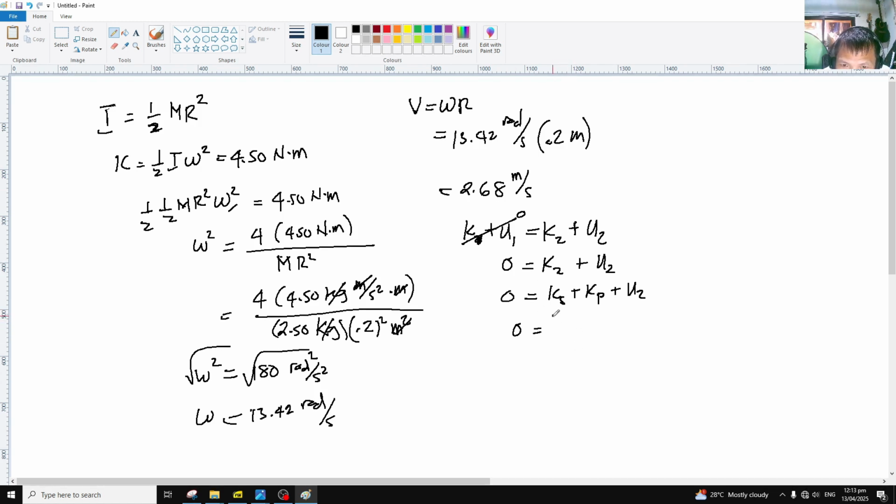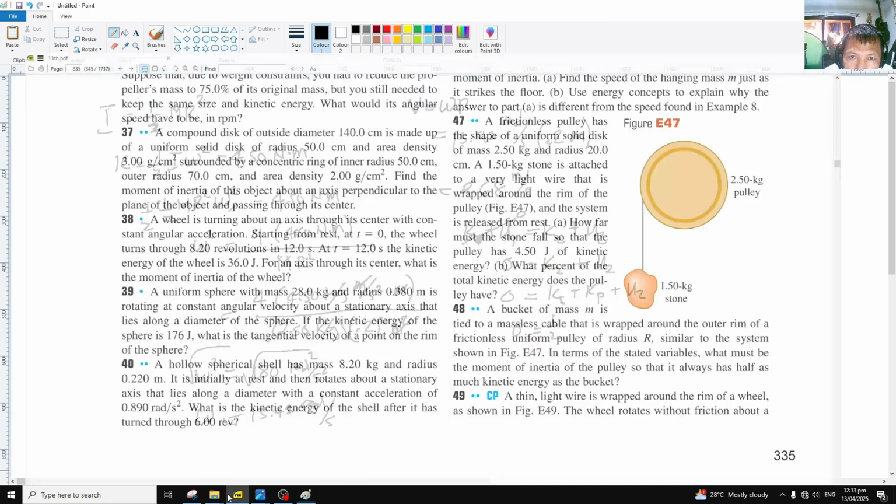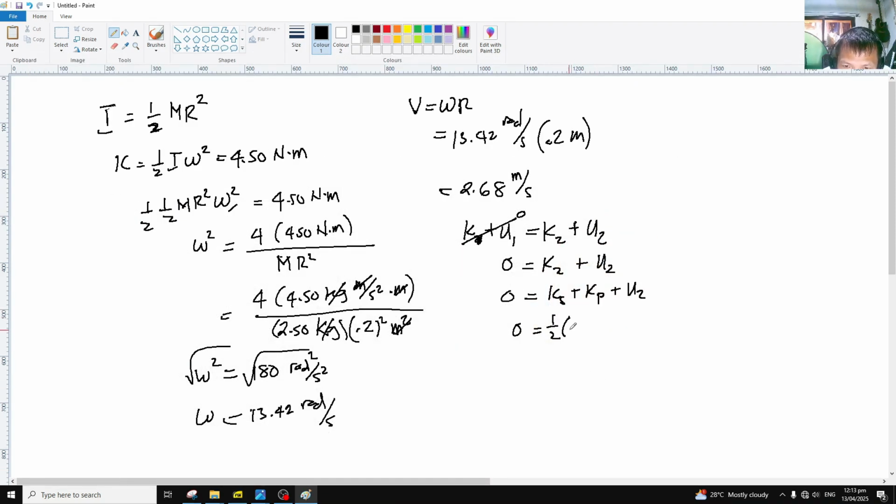So, that is 1/2 mass ng stone mo, that would be 1.50 kilogram, and then magkakaroon siya ng velocity na 2.68 squared meter squared per second squared.